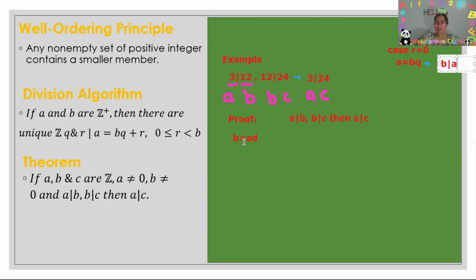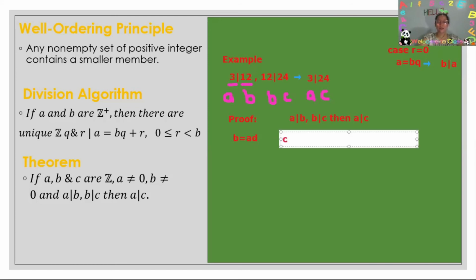B is equal to AD in such a way that D here is any integer. We also have C as equal to BE, and in this case E is any positive integer.